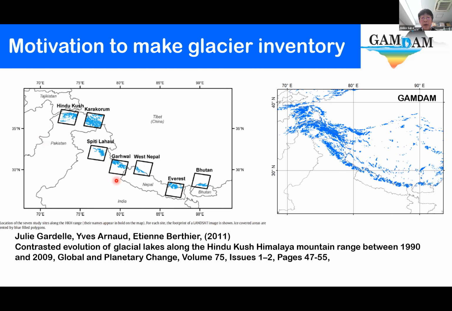As shown in this figure, the target region is not a continuous area, but covers various kinds of climate areas, such as summer accumulation type and winter accumulation type glaciers. So if there is an accurate glacier inventory like this GAMDAM glacier inventory, we can get a seamless distribution. Then I thought that an accurate glacier inventory is necessary.